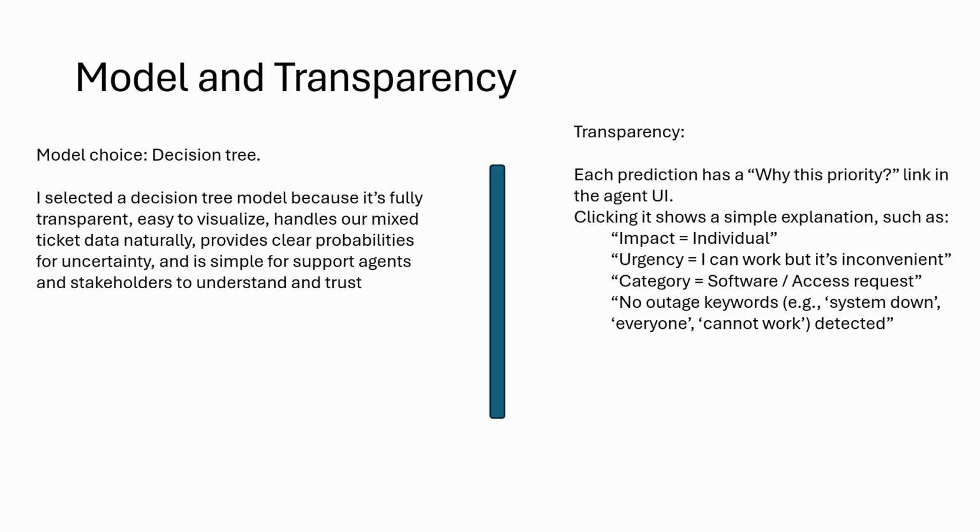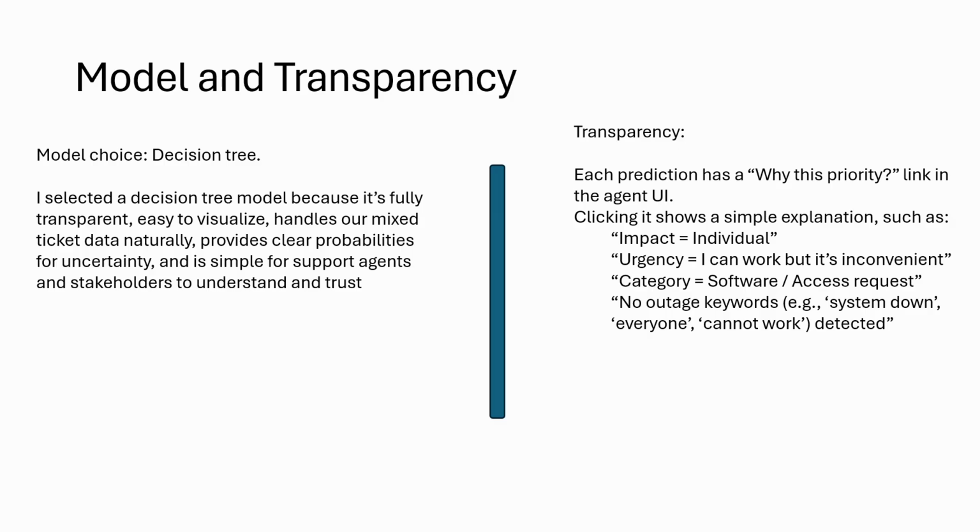Model choice and transparency. I selected a decision tree because it's fully transparent, easy to explain, and it handles the text-derived features and categorical aspects of the ticket. And it also naturally supports probability outputs. So if anybody asks why this priority, they'll be able to see based off of things like the features, right? Impact, urgency, and any keywords about outage or cannot get work done.